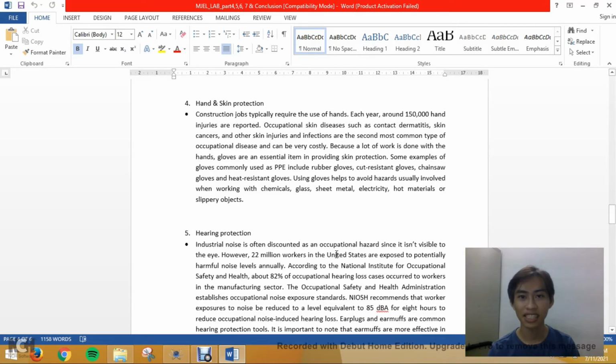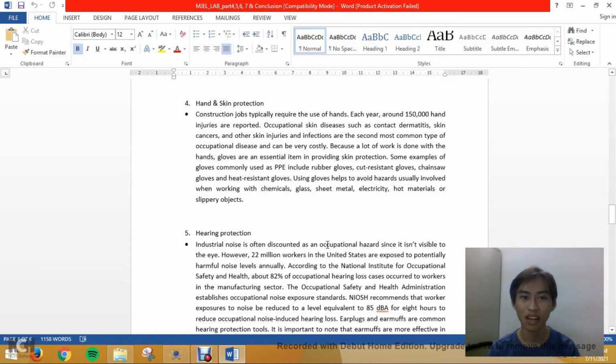Occupational skin diseases such as contact dermatitis, skin cancer, and other skin injuries and infections are the second most common type of occupational disease and can be very costly. Because a lot of work is done with the hands, gloves are an essential item in providing skin protection.